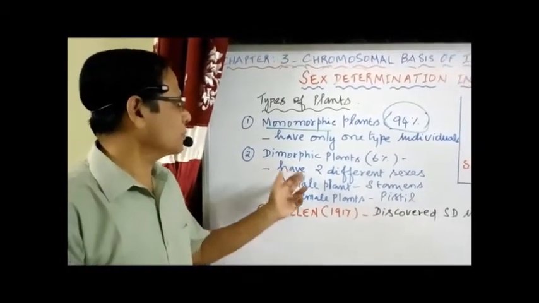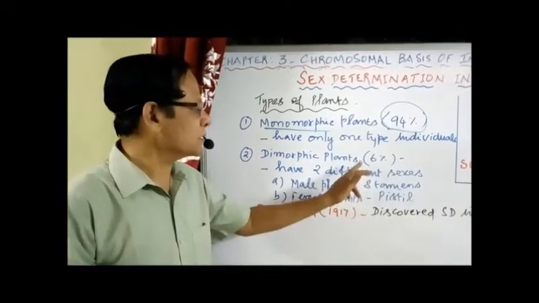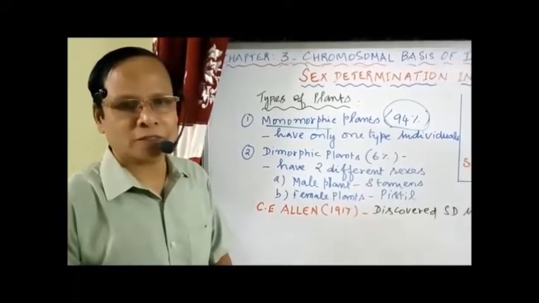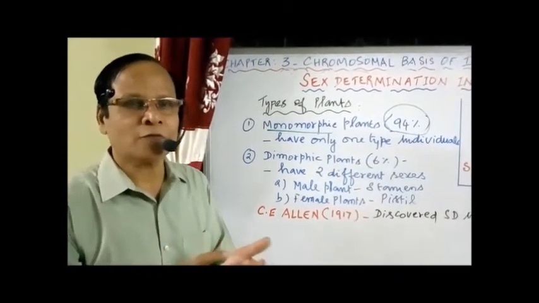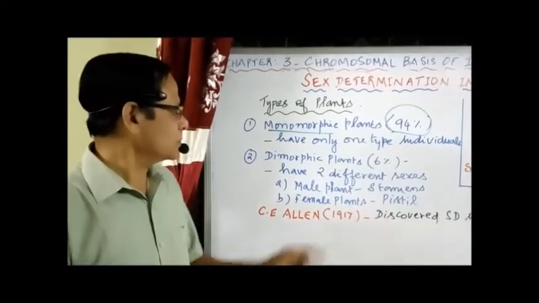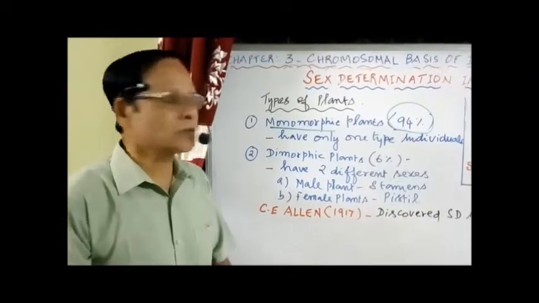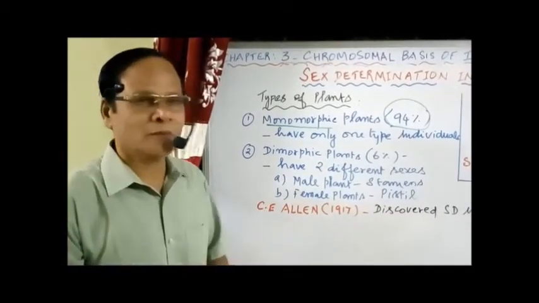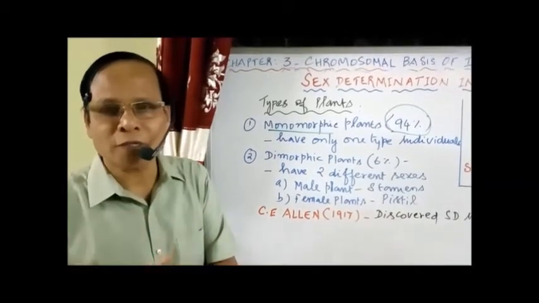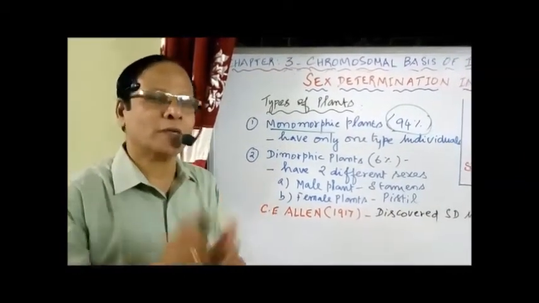Then what do you mean by dimorphic plants? Nearly 6% of the plants have different sexes. That means the male plant and female plants are different. So nearly 6% of the flowering plants have two different sexes. That means we have a separate male plant and a separate female plant.